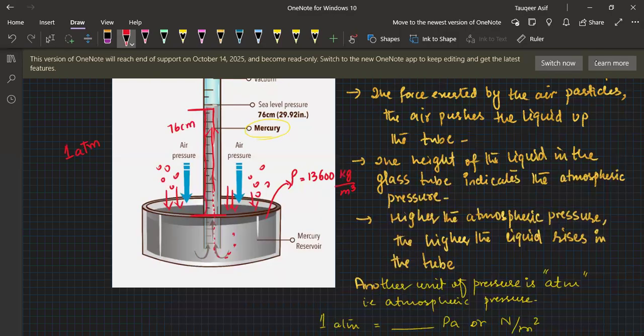I'm repeating: 1 atm is the atmospheric pressure when the mercury covers 76 centimeter height in the barometer. This arrangement is known as a barometer.